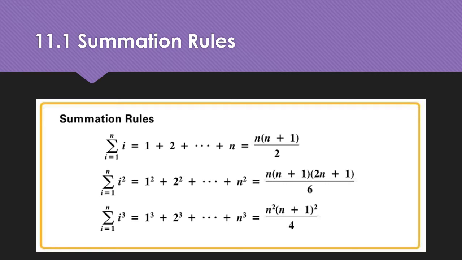What you do is you multiply 100, or n, whatever that nth term is, whatever that top number is, times that top number plus 1 over 2. So in the case of adding the numbers 1 through 100, you're going to multiply 100 times 101, and you're going to divide by 2.